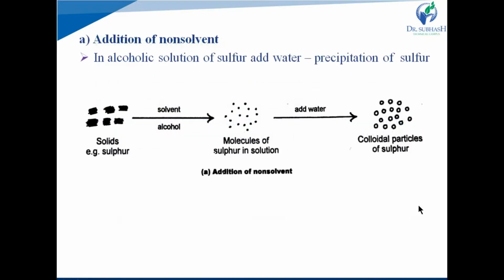One of the methods to prepare colloidal particles is the addition of non-solvent. In this method, if we add water to an alcoholic solution of sulfur, it will cause precipitation of sulfur. In a pictorial view, for example, we have added sulfur into the solvent, we can say the alcohol.